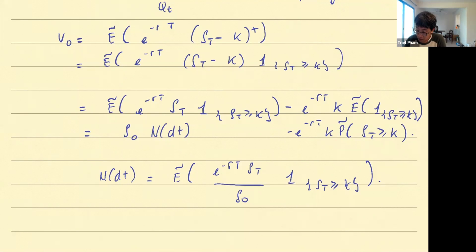Well, this right here is just an event. You can call it A if you will. If I change this, instead of S, I have N here, then do you recognize what that is? That's a change of numerator. This is exactly that.